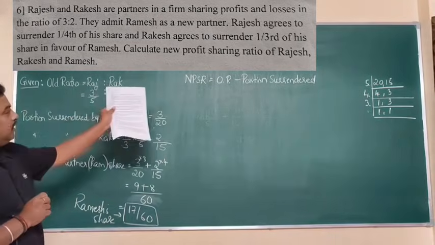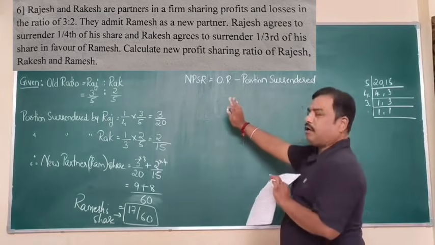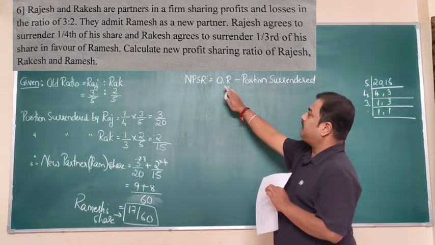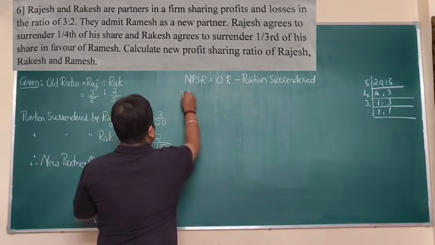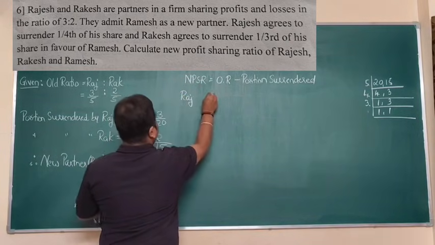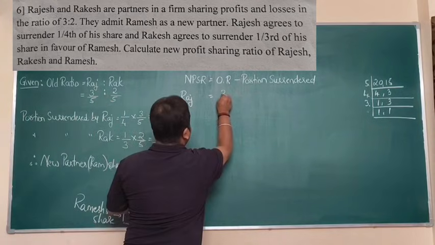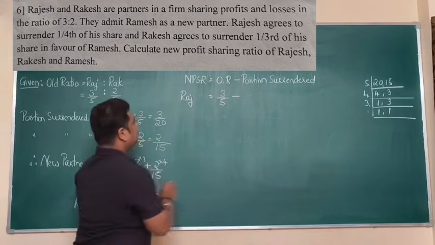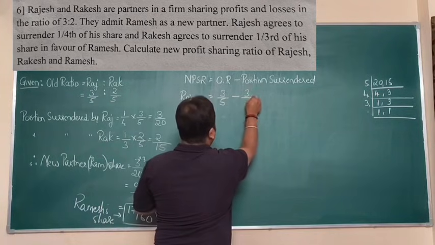Now let us calculate the NPSR, the new ratio of the old partners. The formula remains the same. NPSR is equal to old ratio minus portion surrendered. First, Rajesh's NPSR is equal to, what is the old ratio of Rajesh? It is 3 by 5 minus, what is the portion surrendered by Rajesh? It is 3 by 20.